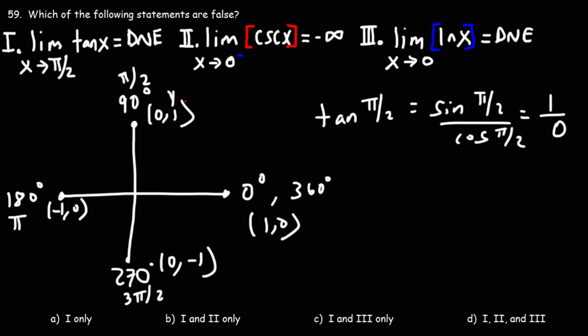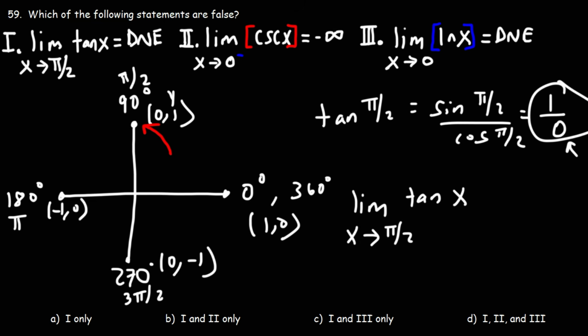Now, as x approaches pi over 2, let's say from the left side, what happens to tangent? Whenever you get a 0 on the bottom, as you approach 0, this will approach infinity, either positive or negative for the one-sided limits.